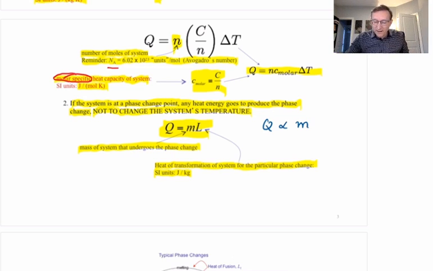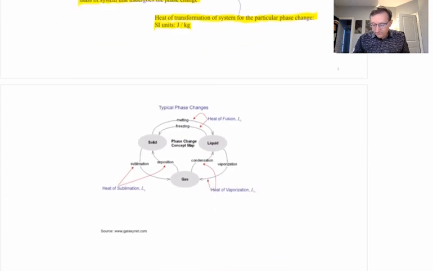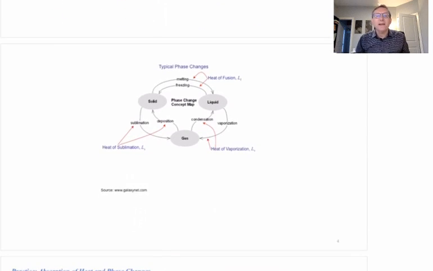Now, let's just be clear about the common phases of matter and the names for the various phase changes that occur. Here's a little schematic diagram that represents the three common phases of matter that we will be dealing with. As you are aware, solid, liquid, and gas.